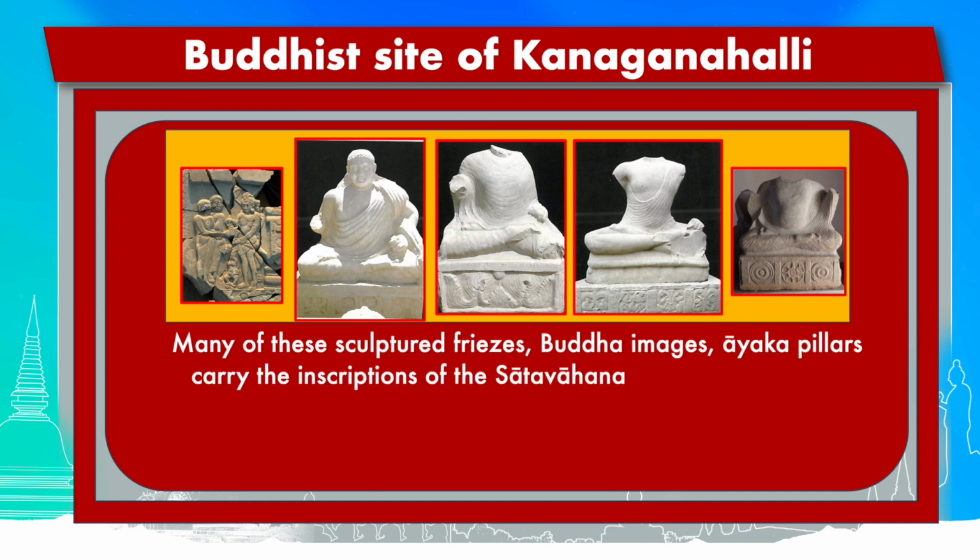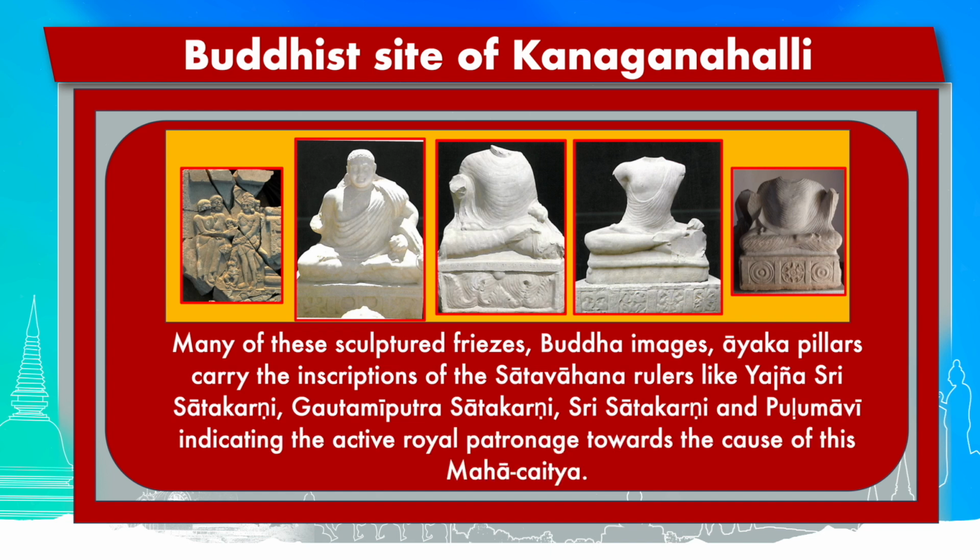Most of these sculptured friezes, Buddha images, and ayaka pillars carry the inscriptions of the Satavahana rulers like Yajnasri Satakarni, Gautamiputra Satakarni, Siri Satakarni, and Pulumavi, indicating the active royal patronage towards the cause of this Mahachaitya. Even people from far off places like Vakataka Vishaya, that is Maharashtra, and the Himalayan region have made contributions.